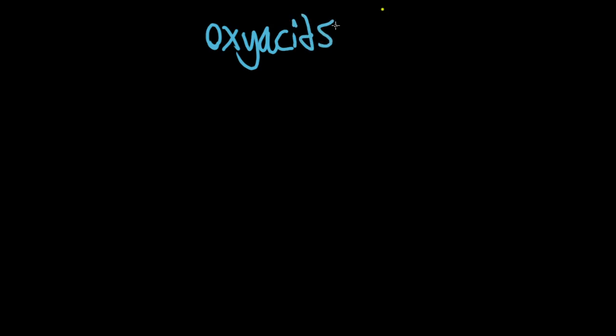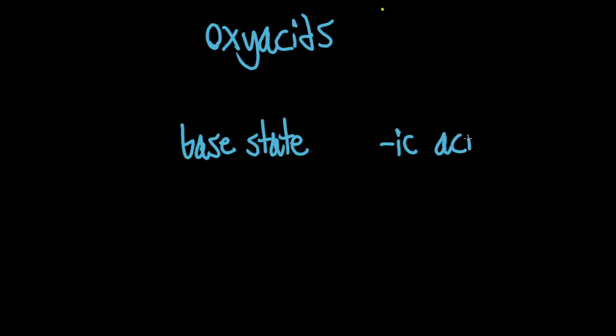And to name the oxyacids, we're going to have to figure out what the base oxyradical state is. And the base state is always going to end in ic acid. So my base state is going to be ic acid. If I add an oxygen, plus 1 oxygen, I'm going to have per, ic acid.